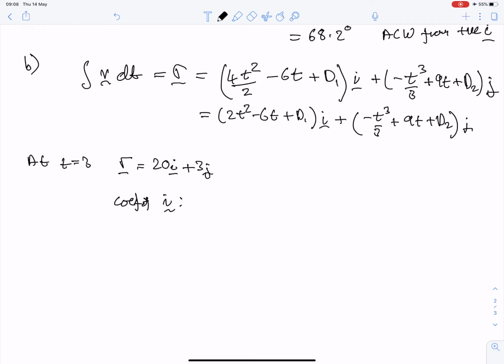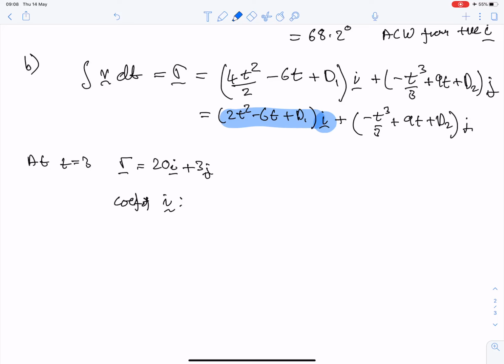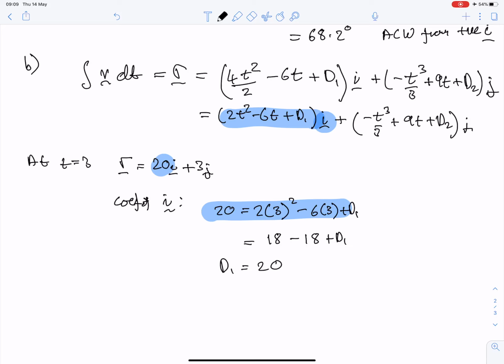So the i component gives us this statement. We've got 20 is equal to 2, t is 3, squared minus 6 lots of 3 plus d1. So we get 18 minus 18 plus d1. So d1 equals 20.